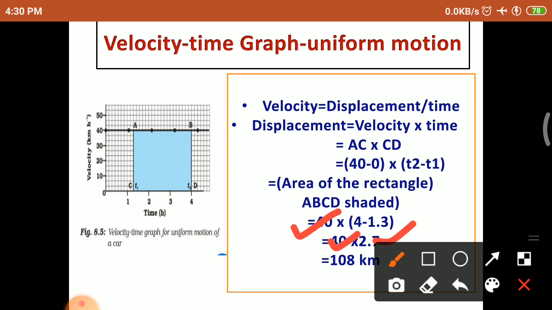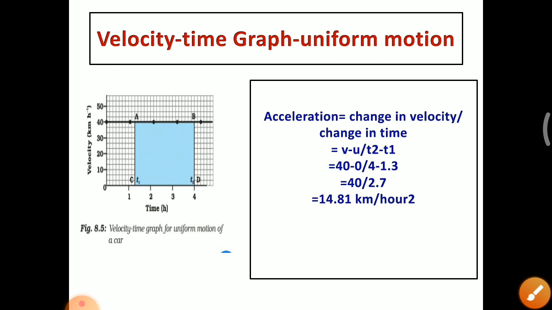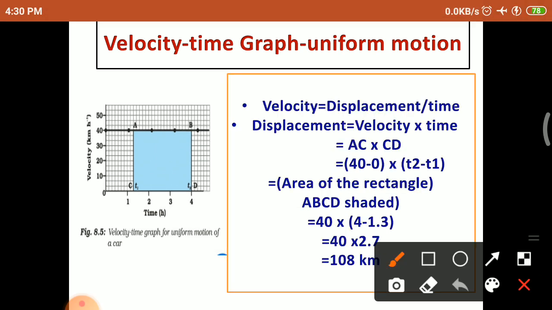So 40 into 2.7, I got 108 kilometer, because normally the unit of displacement is meter, but they gave kilometer here. So I wrote displacement equals 108 kilometer. So from the velocity time graph, we can calculate the displacement value as well as the acceleration value.